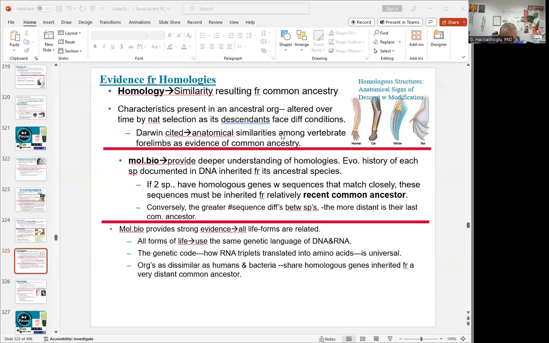Other evidence comes from homology, meaning homologous structures, which come from divergent evolution. There are some examples here of homologous structures we can see between different species. Finches of the Galapagos are also good examples of homology.